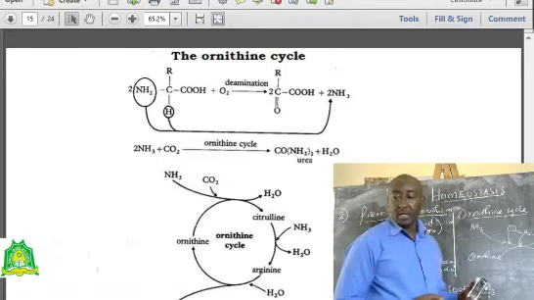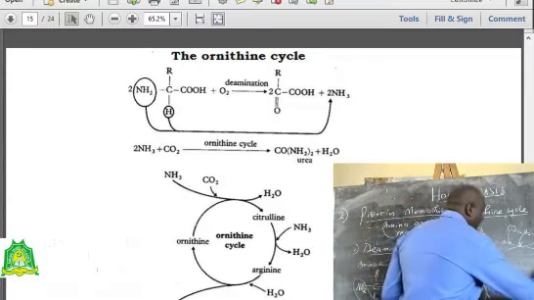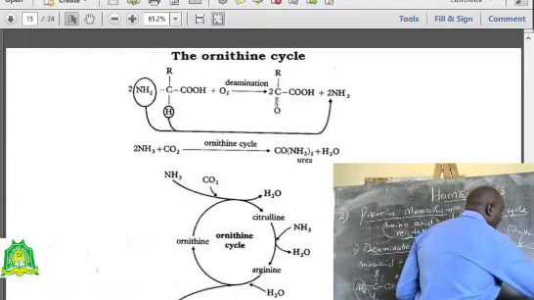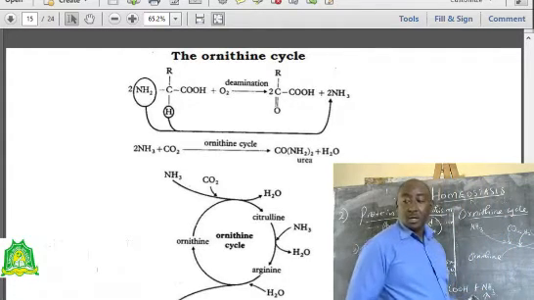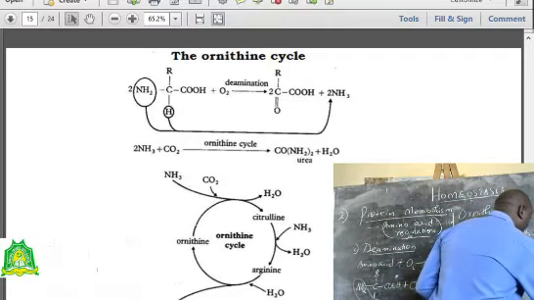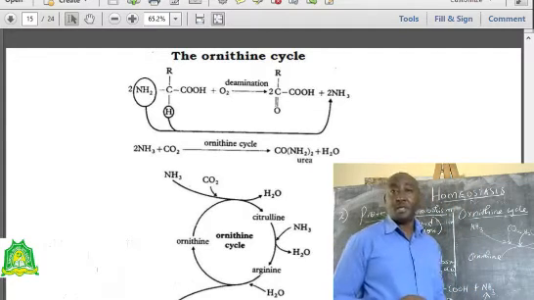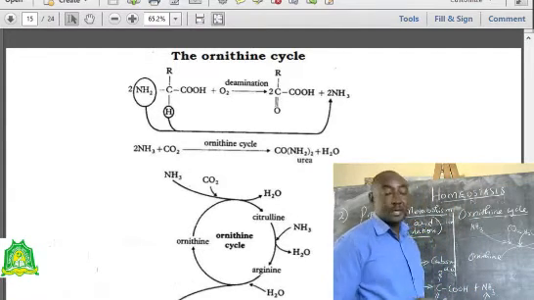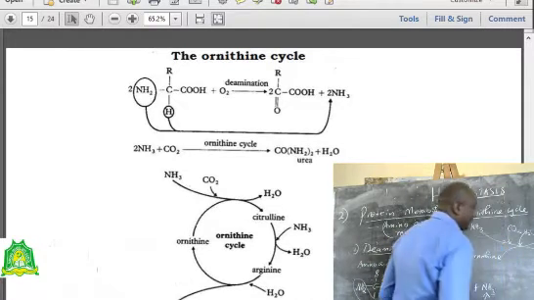Now, the citrulline again picks up other molecules of ammonia. In the process where ammonia is picked up, water molecules are also given out, to form another protein in the hepatocytes called arginine.